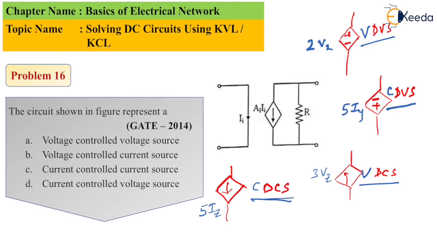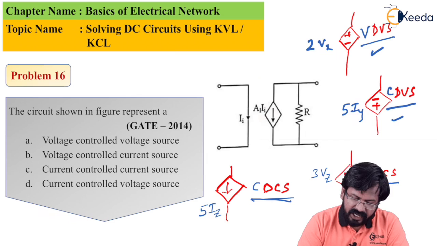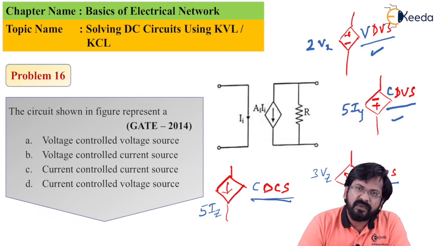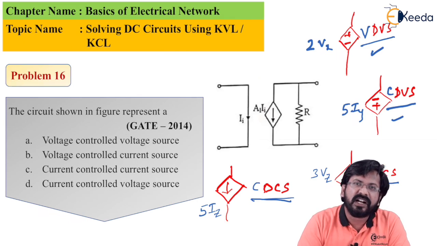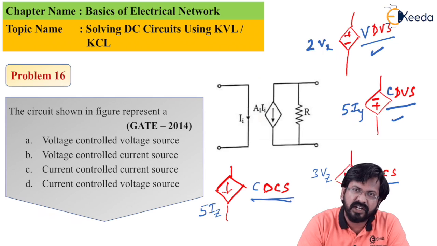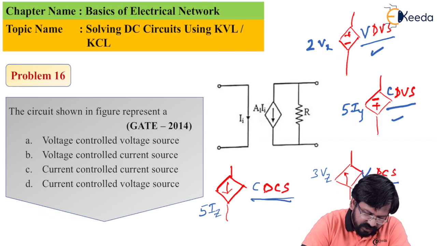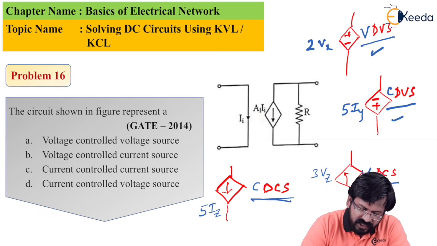So understand, voltage dependent voltage source, which is the first type, is also called as voltage controlled voltage source, whereas the second type is current dependent voltage source, is also called as current controlled voltage source.